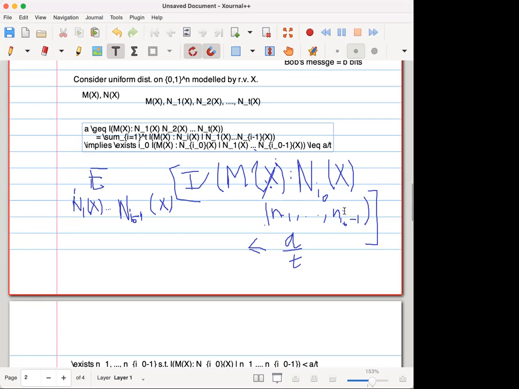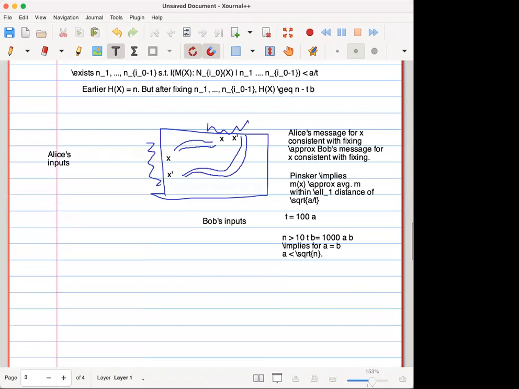So once I set these bit strings, that will bias the probability distribution of X, which will in turn affect the probability distribution of MX and n i0 X. So I do all that, and this is what I conclude: that there exists a setting of bit strings of Bob's first i0 minus 1 messages, which I will call n1, n2, up to n(i0 minus 1), such that the mutual information between m and the i0th message from Bob, n i0, conditioned on fixing the bit strings of the first i0 minus 1 messages, is less than a by t, so less than 0.01. But now what does this mean?